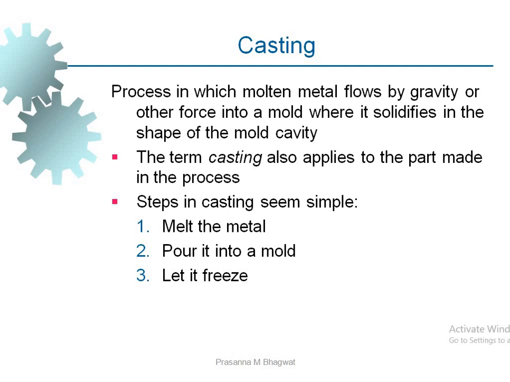So whatever the shape of the mold cavity, you will find that shape in the casting. The term casting also applies to the part made in the process. The steps in casting are very simple: melt the metal, pour the metal into the mold in which the casting is produced, and let the melt freeze.